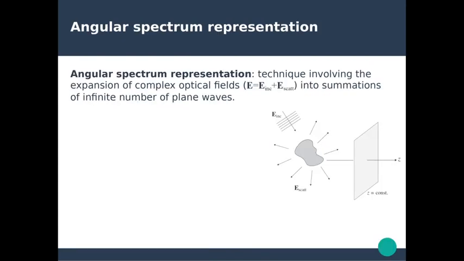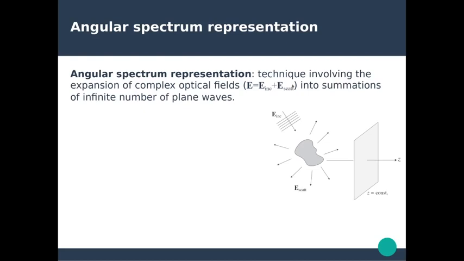I mentioned earlier this angular spectrum representation, and this is a technique that involves the expansion of complex optical fields into a summation of an infinite number of plane waves.